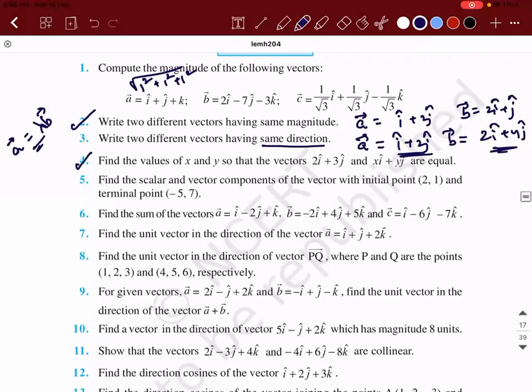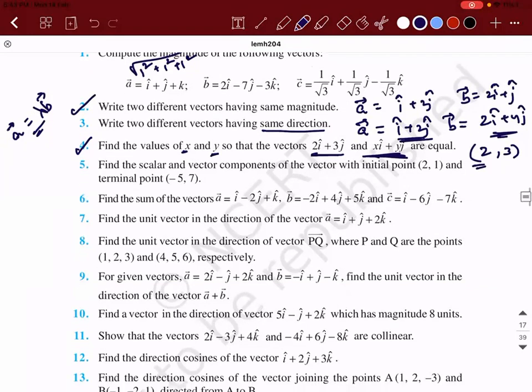Fourth, find the value of x and y so that the vectors 2i cap plus 3j cap and xi plus yj cap are equal. So what is the value of x and y? Next, find the scalar and the vector components of the vector with the initial point 2, 1 and terminal point 5, 1.